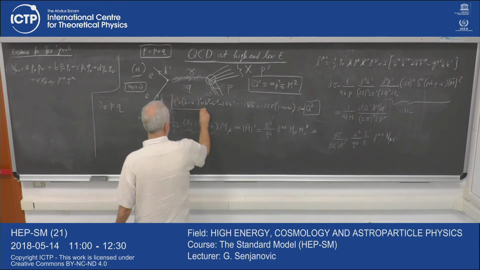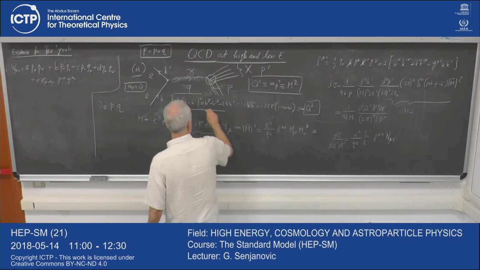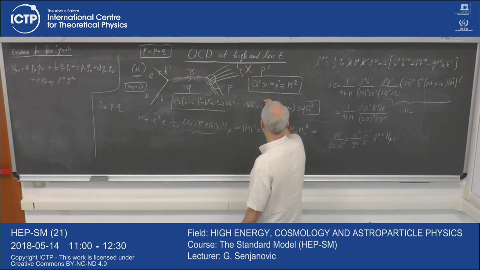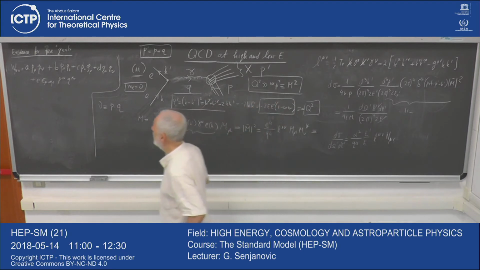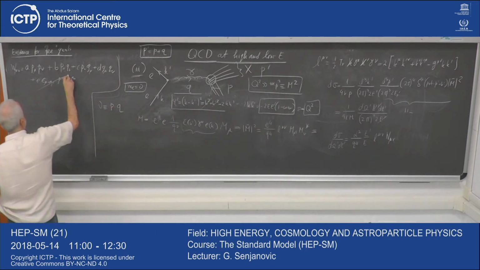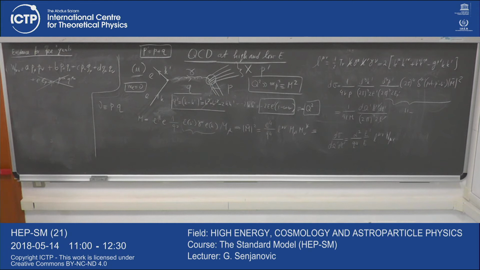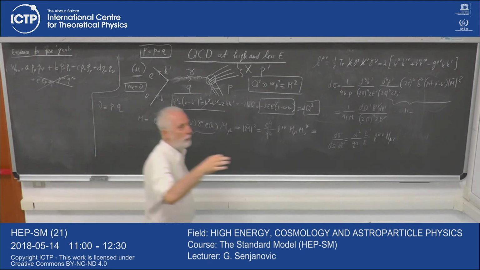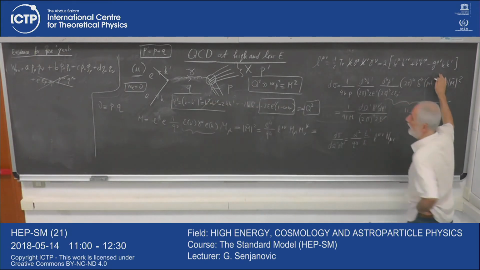Here was Q squared. But there is no parity violation. Anyway, how do you know there is no parity violation? Well, look, this is symmetric.